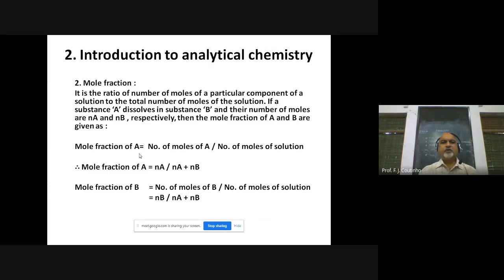Therefore, mole fraction of A is equal to n A divided by n A plus n B, because the solution is made up of A and B. Similarly, mole fraction of B is n B divided by n A plus n B. So this is how the mole fraction is calculated. In simple words, there is not much problem, but you should know this derivation very well.